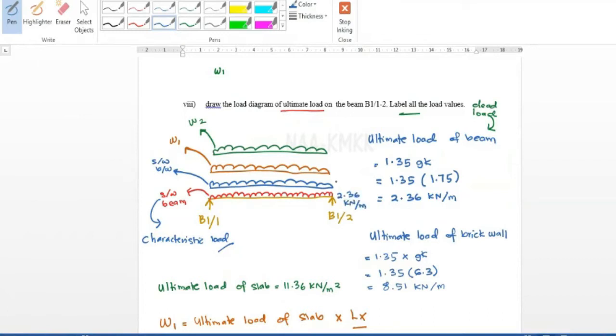This one is 8.51 kN/m. W1 is 17.32 kN/m and W2 is 20.79 kN/m. Just redraw this diagram.